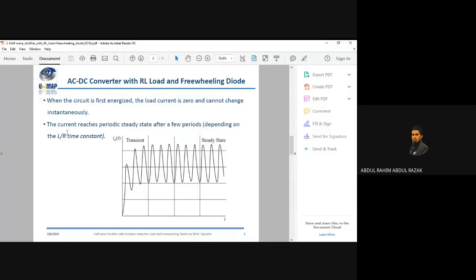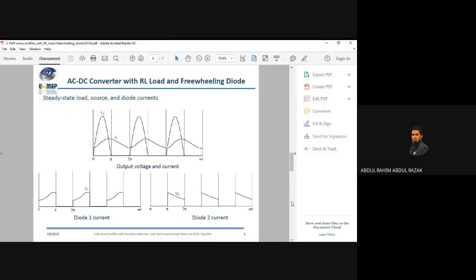The higher the L you have, the longer it takes, because it needs to charge your L and takes longer to stabilize. If it is just R, it responds directly. But if you have an inductor element, the higher the inductance value, the longer it takes to reach steady state.